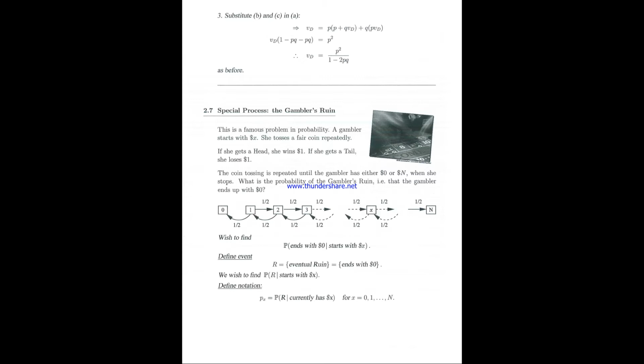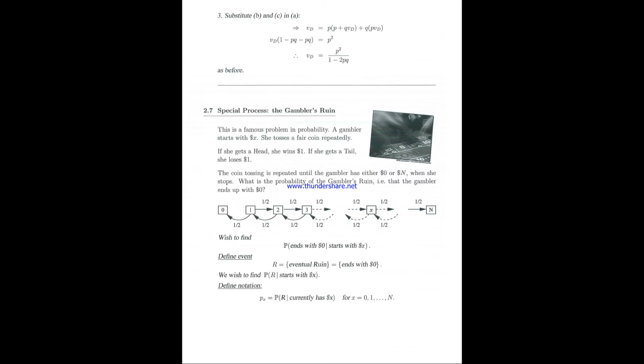And if you receive a tail, you are going to lose $1. So eventually sometimes you may end up with zero in your hand, that is you will lose all your money, or else this game will stop if you reach N amount of money in your hands, right?